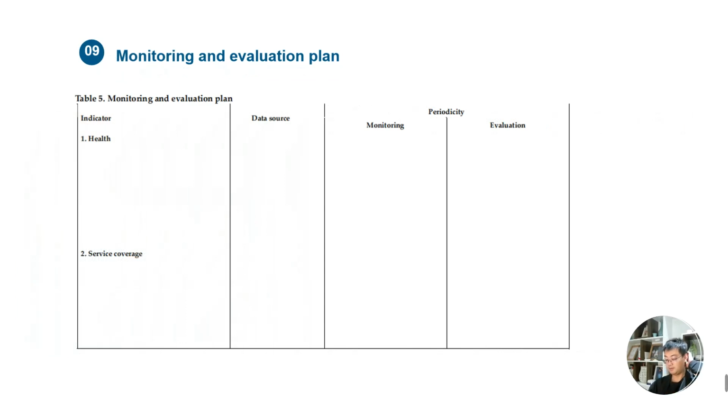Part 9. Monitoring and evaluation plan. Using the target table from Part 8 for Part 7, select the most sensitive health and service performance indicators to measure the rate of progress and change.